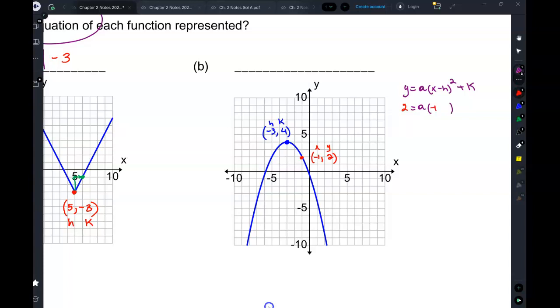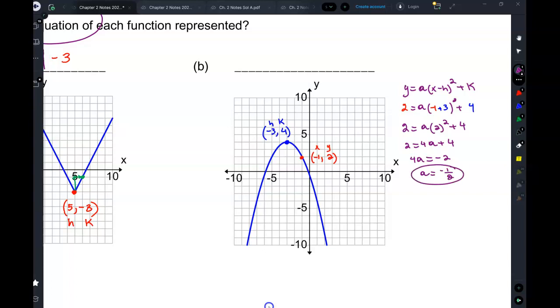Negative 1 minus h, so that's plus 3 squared plus k is plus 4. Do you see that? So x and y here, h and k here. Now I can solve this and get a. So 2 equals a times 2 squared plus 4. 2 equals 4a plus 4. So what's a? Negative a half.